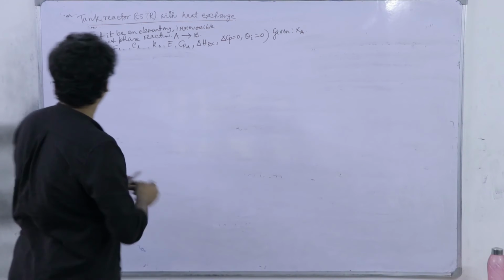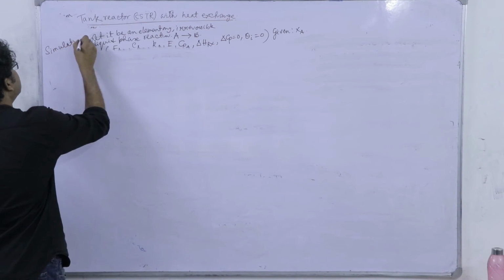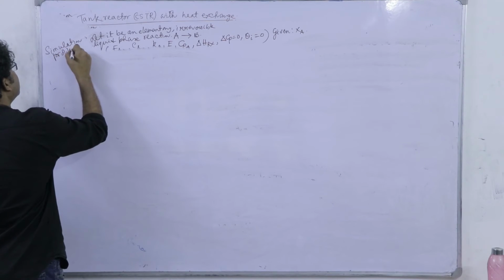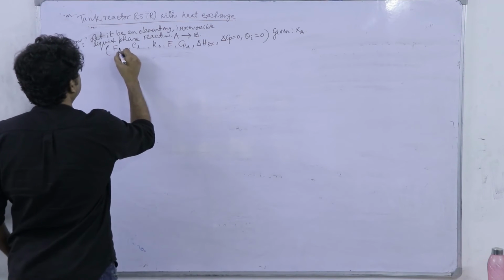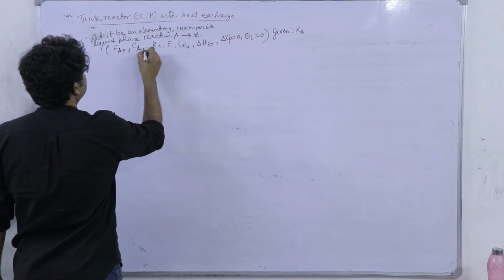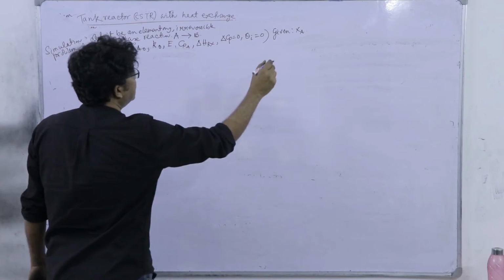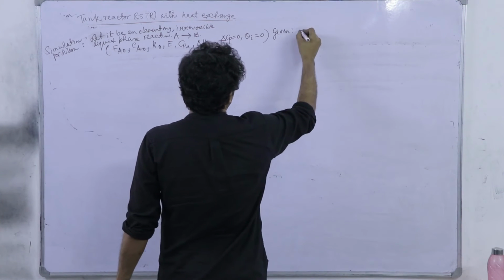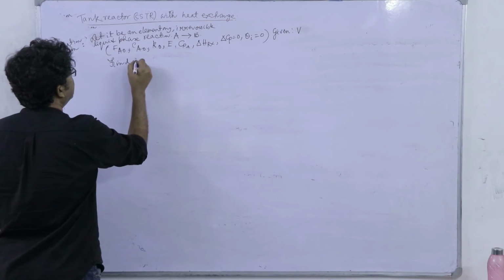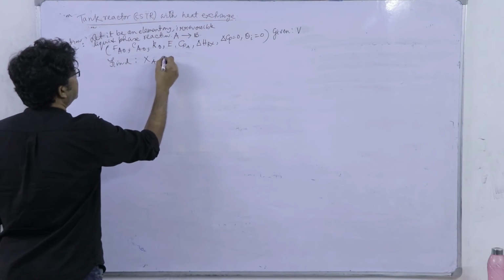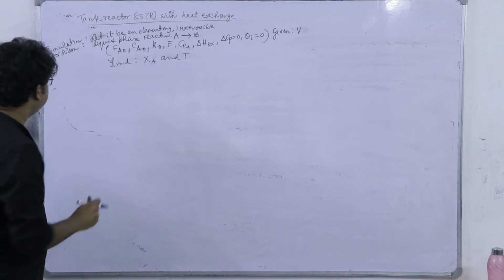So, here see it is a simulation problem, elementary irreversible liquid phase reaction, Fa naught, Ca naught, K naught, E, everything given, and given is the volume. So, you have to find Xa and temperature. So, that is the problem.